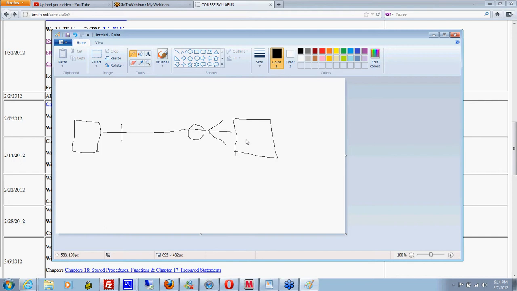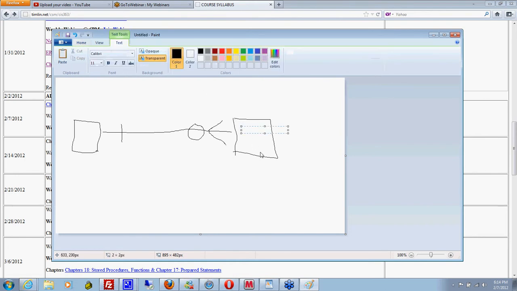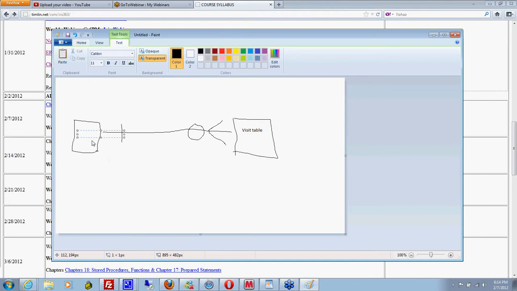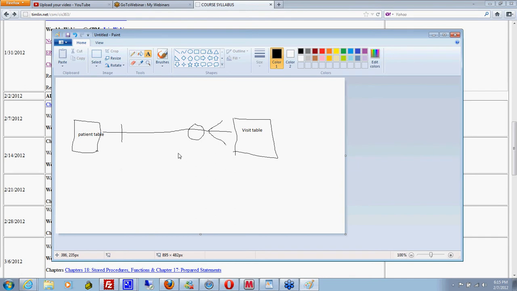Again, this might be the encounters or the patient visits table. So this might be your visit table, and this might be the patient table. And so we'd say the patient has one to many visits, right?